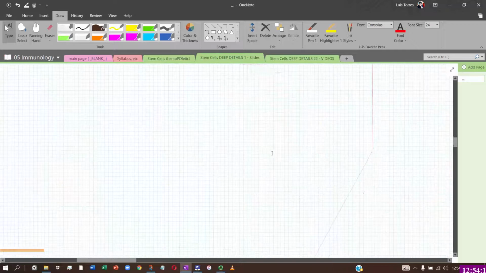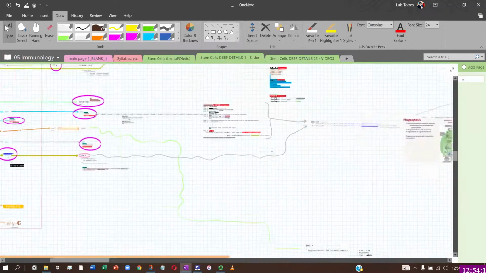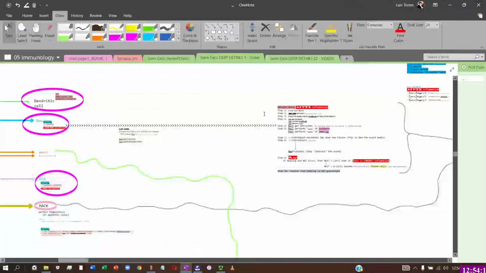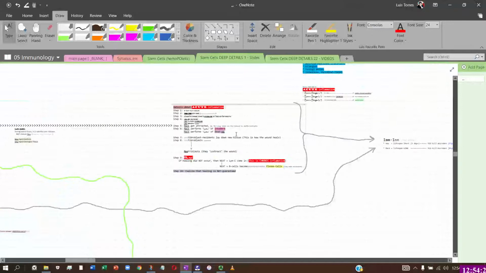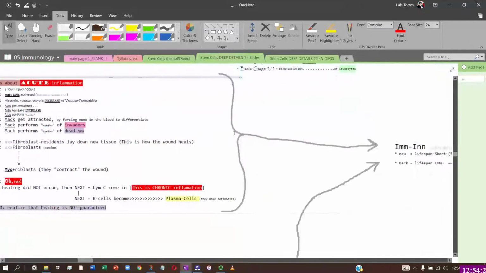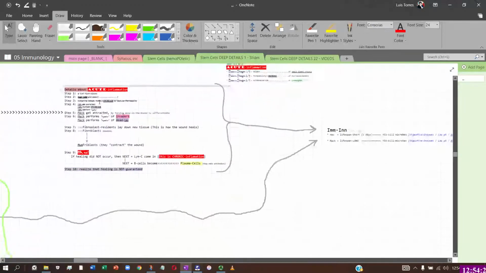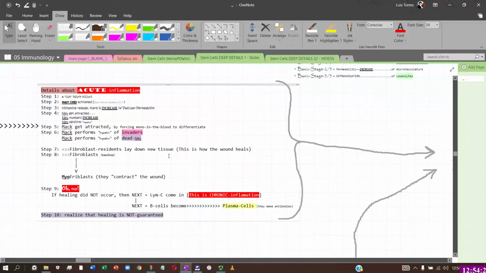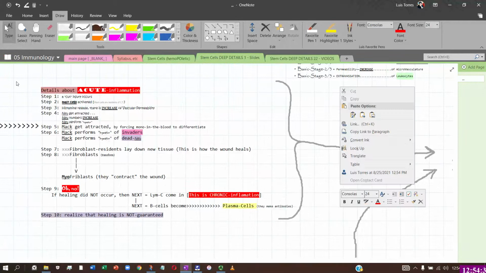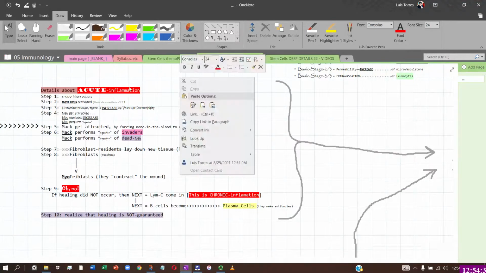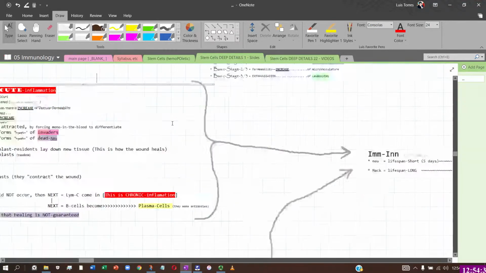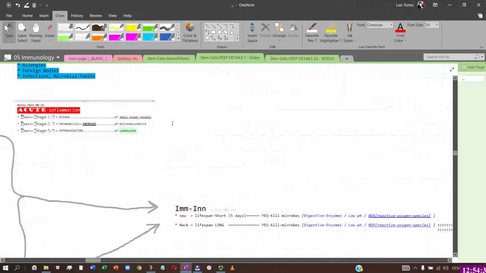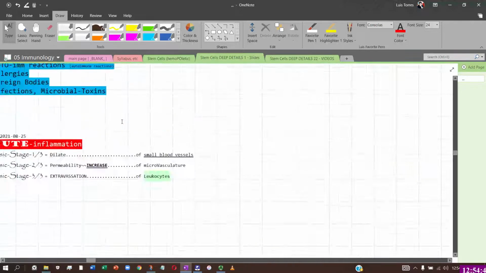So again, let's go back here and just review. These are notes that came from the histology class. In that class, the professor or professors provided a summary of some details about the steps for acute inflammation. Those seem to be kind of not relevant to this course.